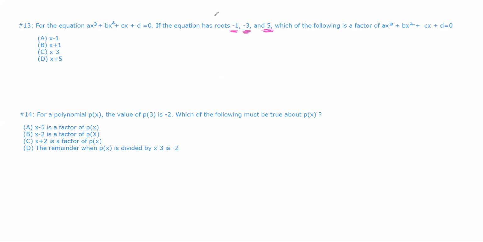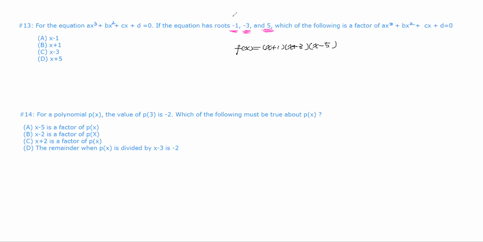Remember, if those are the roots, then f(x) is, for -1, x plus 1, and x plus 3, and x minus 5 here. If they just give you roots, that's the minimum degree for the polynomial you can generate.